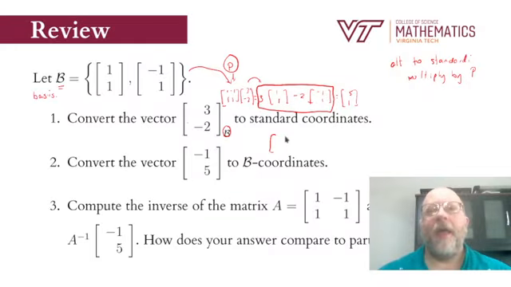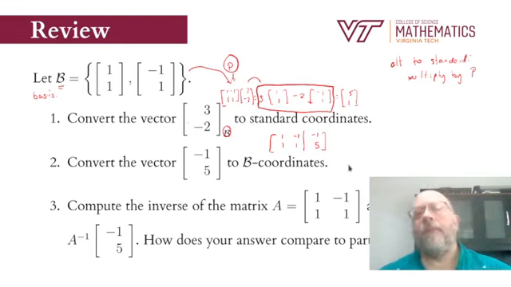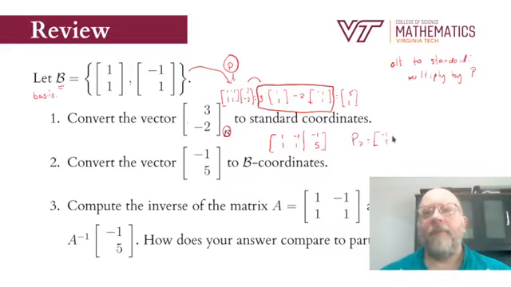In other words, how many copies of (1, 1) and how many copies of (-1, 1) does it take to make the vector (-1, 5). We can row reduce this system, but there's an alternate way of solving it. This is the system P times x is equal to (-1, 5), and that means that x is equal to P inverse times (-1, 5).